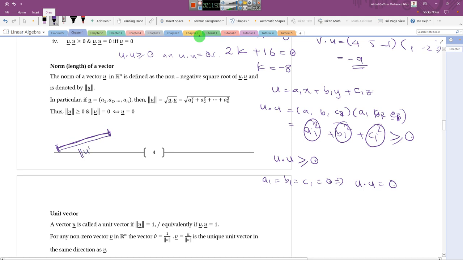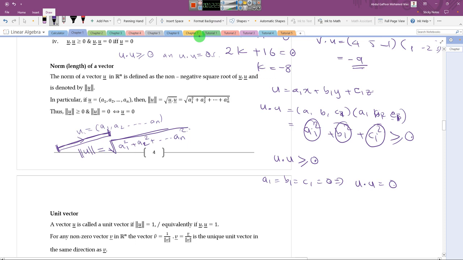So if this is vector u, then the norm of u will be equal to the square root of the summation of the squares of the components. Let's say u is equal to (a1, a2, all the way to an). Then we simply have to square all the components, add them, a1 squared plus a2 squared all the way to an squared, and take the square root.